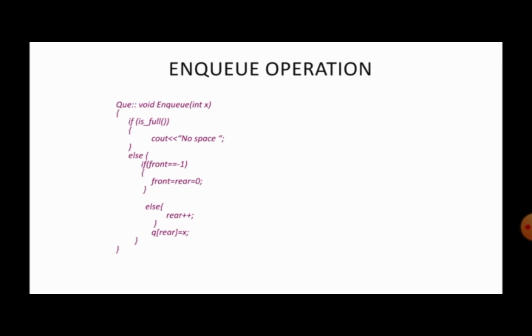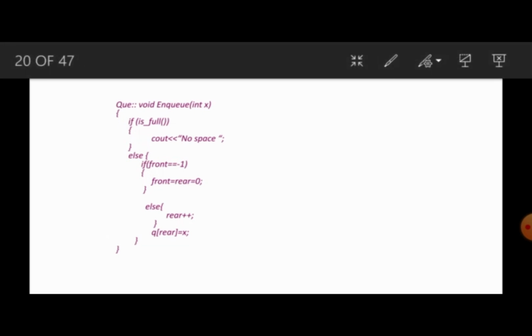As we know, if there are elements in the queue and there is space in the queue, we will simply increment the rear. After incrementing the rear, the else part will end. Then we assign the value at the rear index: Q of rear is equal to x.